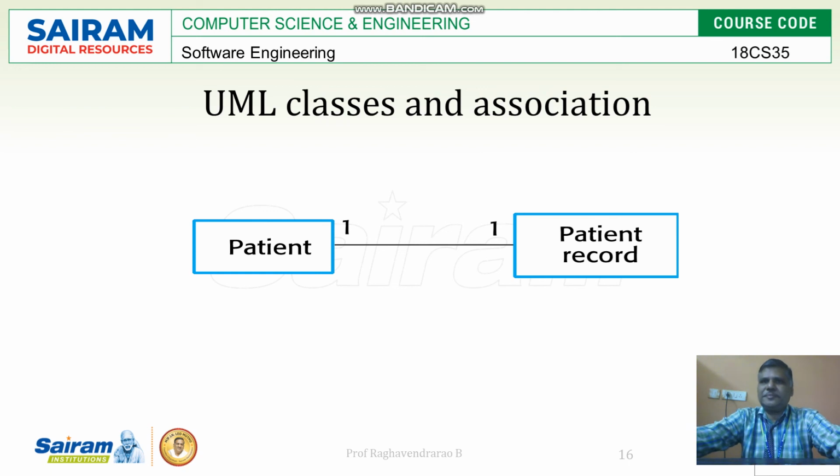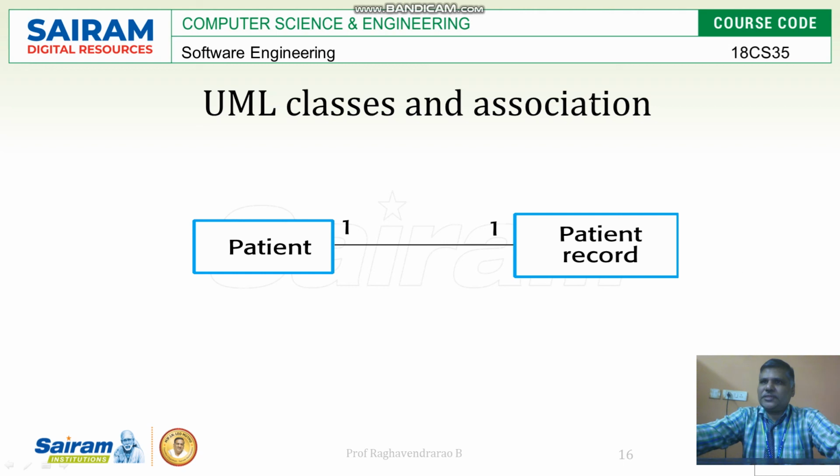It is nothing but there is a class patient, there is a class patient record. One patient can have one patient record. A patient record has one patient information. Okay, so either way we can justify.